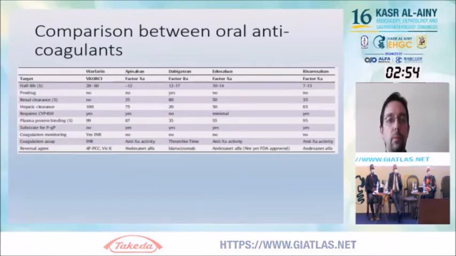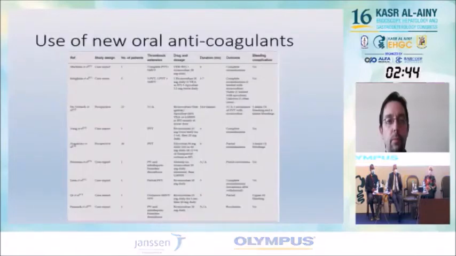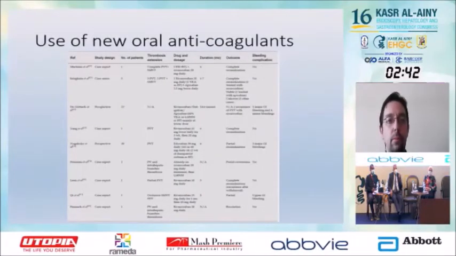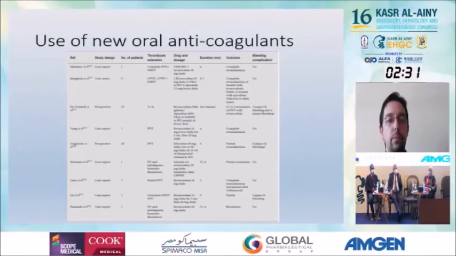This is a comparison between new oral anticoagulants and warfarin, and many seem to have a reversal agent now, which is good. And many of the new oral anticoagulants have been used, and if you look on the right side, they didn't seem to have many bleeding complications.